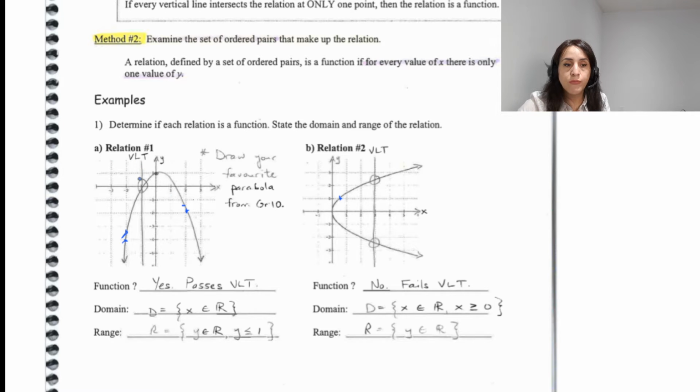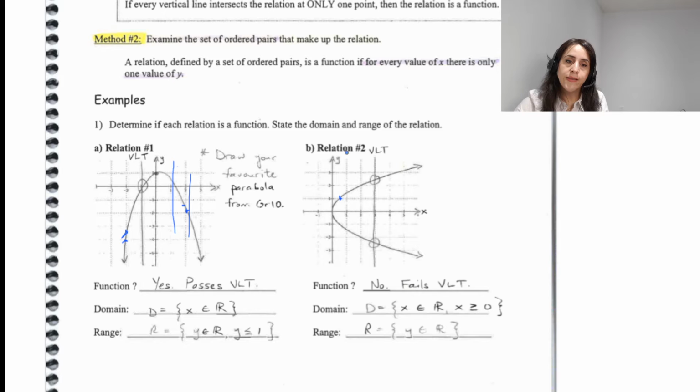It doesn't matter where I put my vertical line, here or here, each vertical line would make just one intersection point. As long as each vertical line is passing the vertical line test, then this is a function.